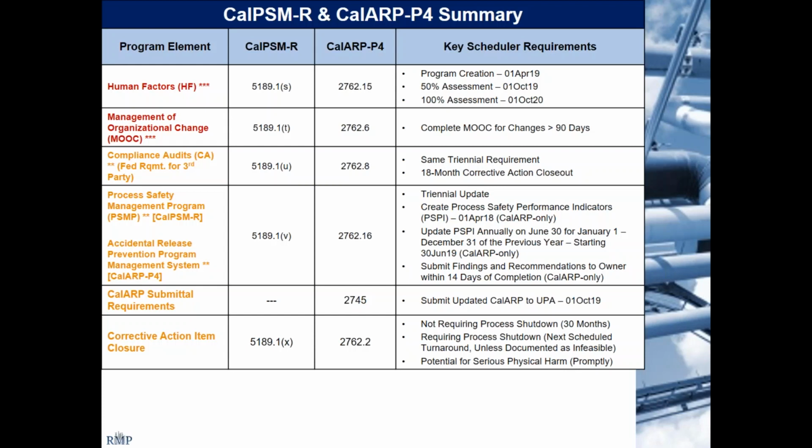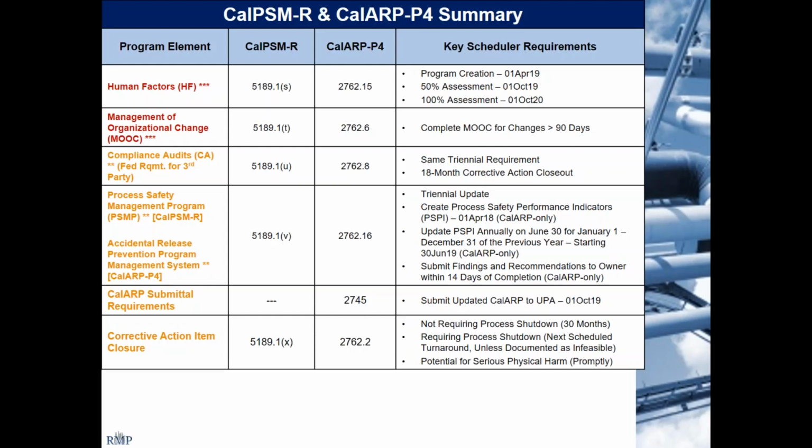And then process safety management program. Now this gives a lot more updates on creation of process safety performance indicators. Within 6 months of promulgation, you need to create all of your safety performance indicators, and then you have to report on those on June 30th every year following that.